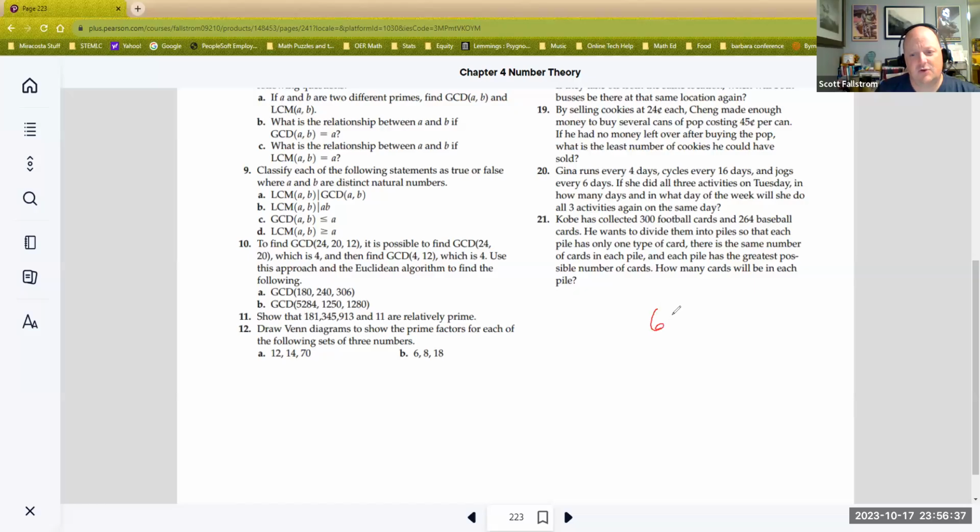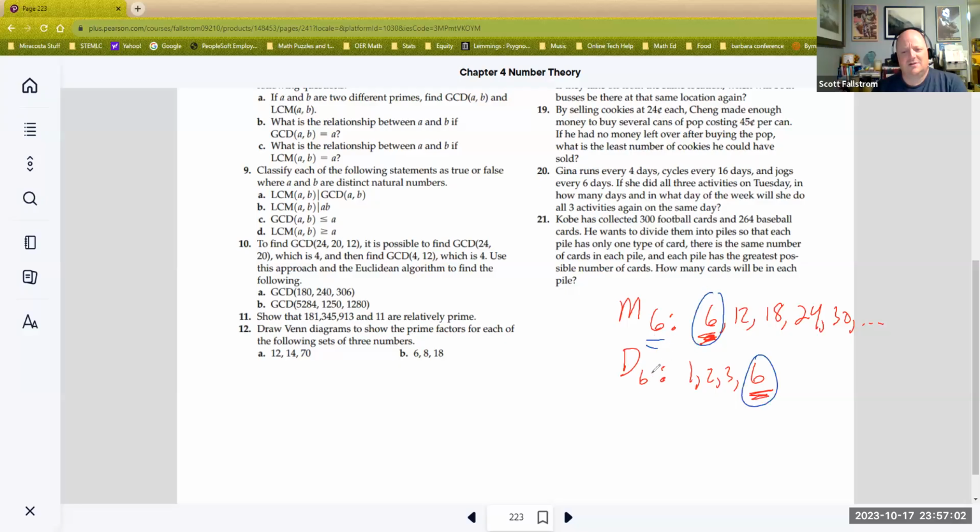If I was thinking about multiples of 6, that would be 6, 12, 18, 24, 30, and so on. Divisors of 6 are 1, 2, 3, and 6. So it is possible to have something show up as a multiple and a divisor, but the only real chance you have of that is when you choose the number itself, right?